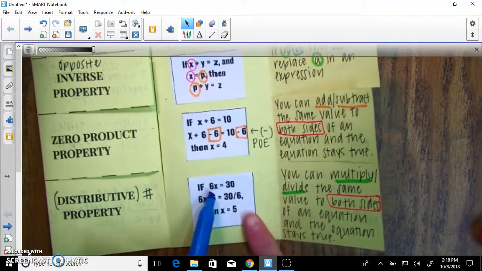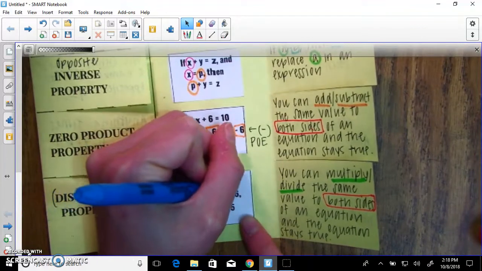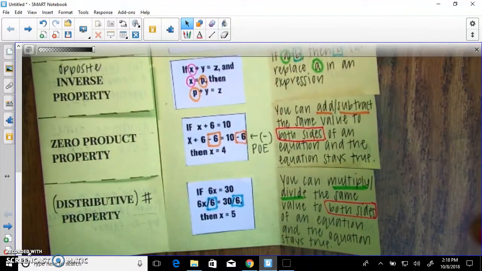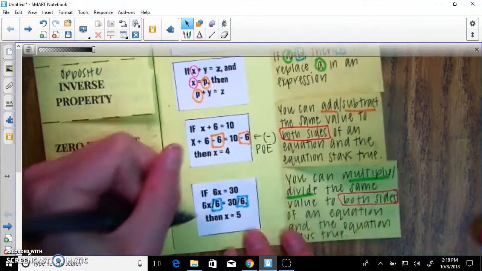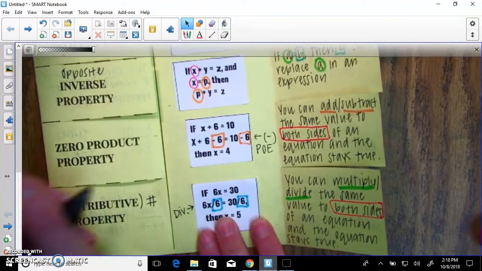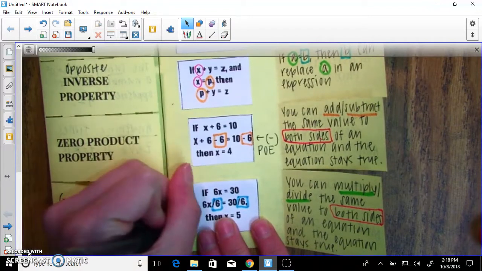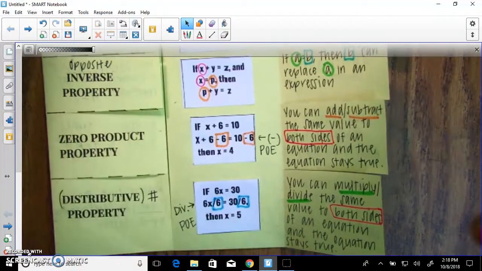So they have if 6x equals 30, and then it looks like they divide both sides by 6 to get the next step. So this is the division property of equality. Again, you might see it written POE for property of equality.